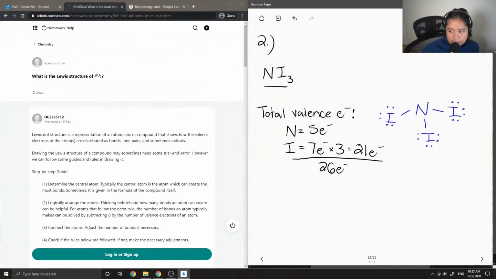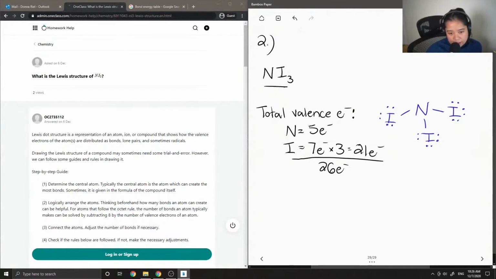Okay, so after I write all the lone pairs on all of the terminal atoms, I like to count how many I have so far at this step. So each bond contains 2 electrons. So we have 3 bonds, so that is 6. And then I'm going to count out all of the lone pairs.